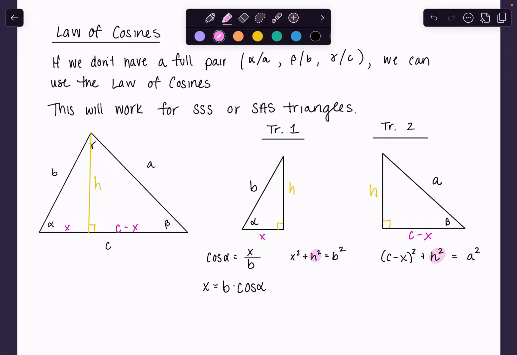I'm going to rearrange it and solve for H squared because then those things should be equal. So from here, H squared is going to be B squared minus X squared, okay? And then over here, H squared is equal to A squared minus (C minus X) squared, okay? And then because these both are H squared and they are both this distance here, these two things better equal each other.